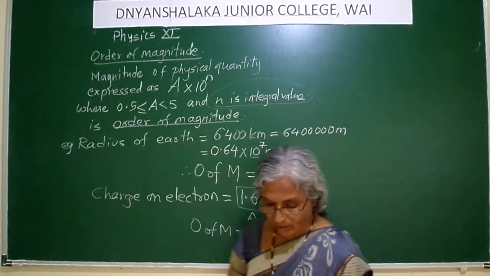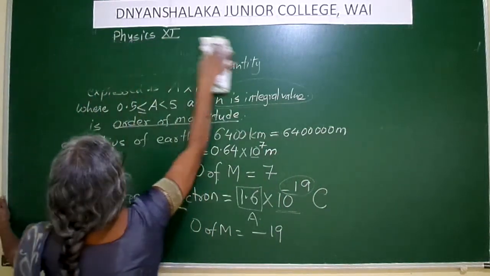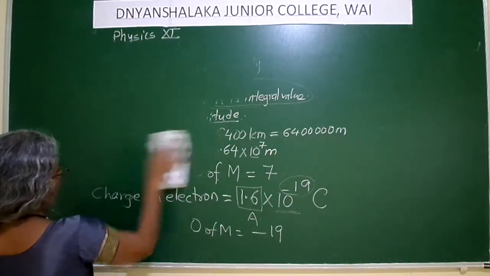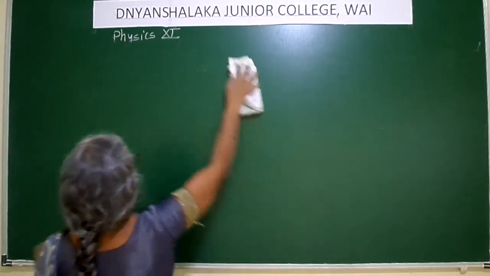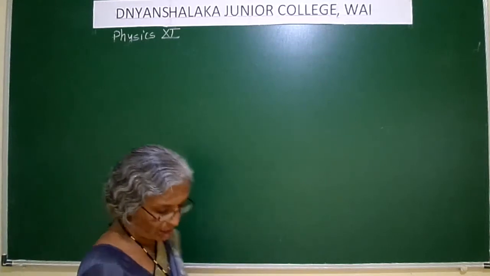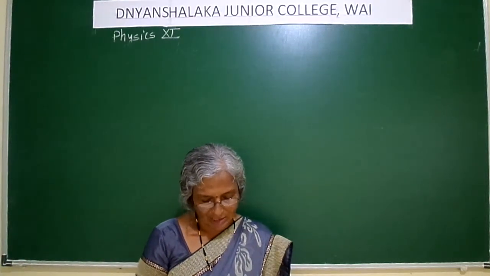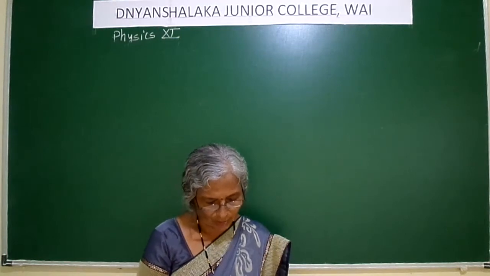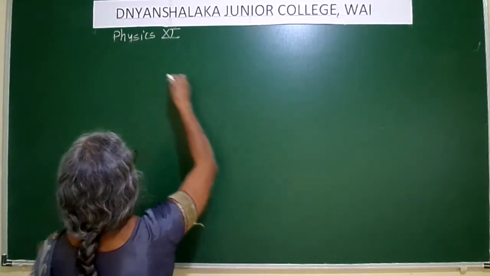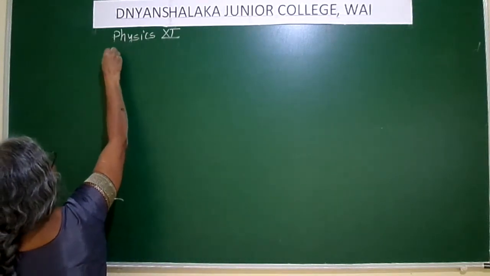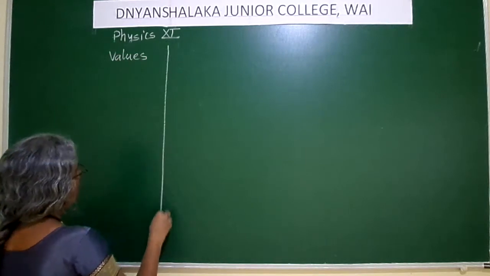Okay, so let us go for some examples where we are going to write down the significant figures and the order of magnitude if present in those values. Okay? So let us make a table over here.